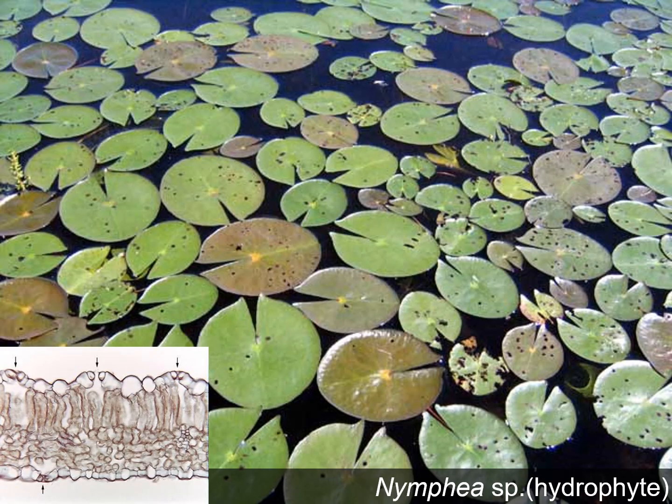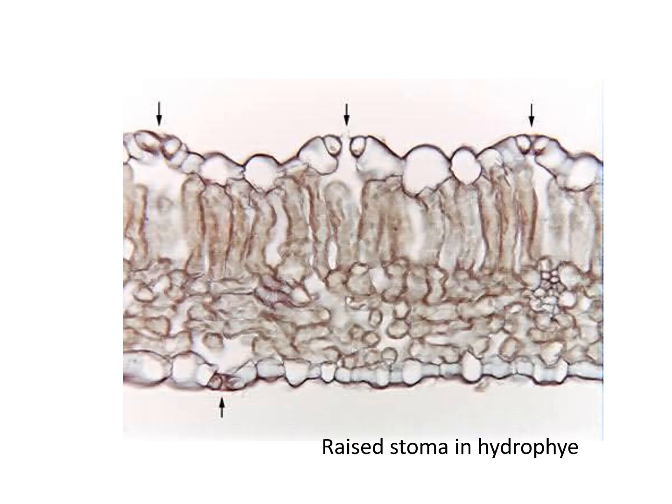So how about hydrophytes? Hydrophytes are aquatic plants that grow on or in the water. And Nymphaea is an example of this plant. And this is the raised stoma in hydrophytes. Many aquatic plants or hydrophytes have raised stomata, which is the stoma that has its guard cells higher than the general epidermis level.